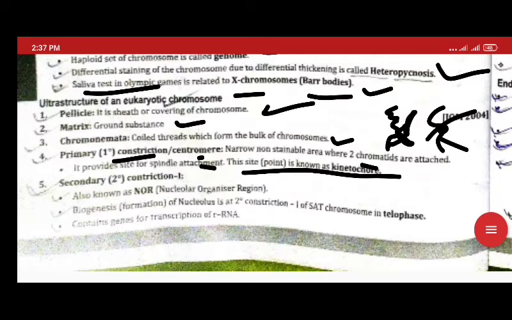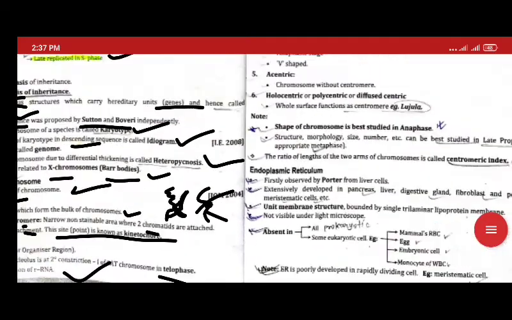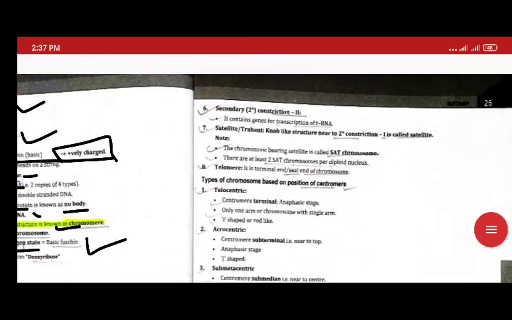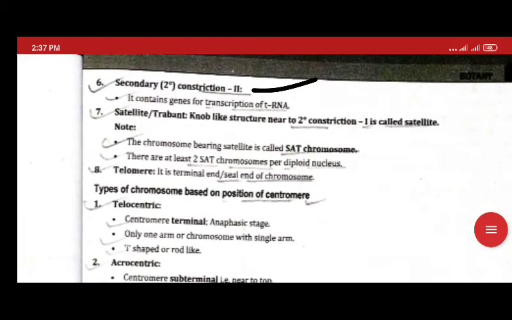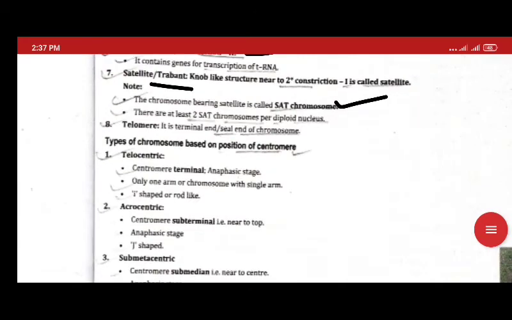Now the secondary constriction is called the nucleolar organizer and contains rRNA. Where secondary constriction occurs, that is called satellite chromosome, and telomere is the terminal end or seal end of chromosomes.